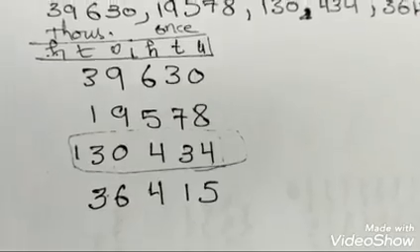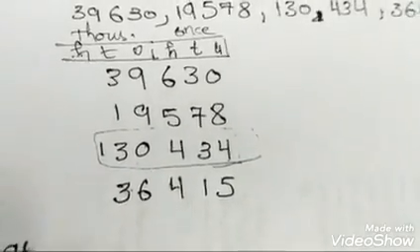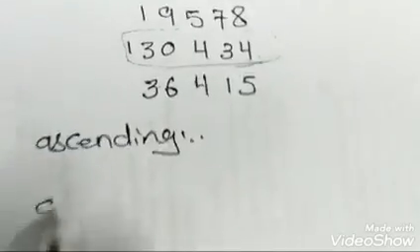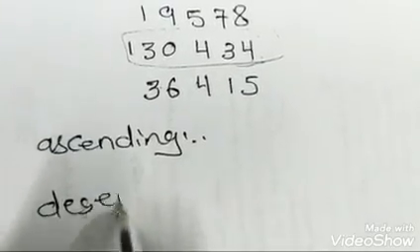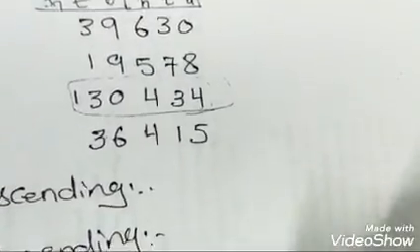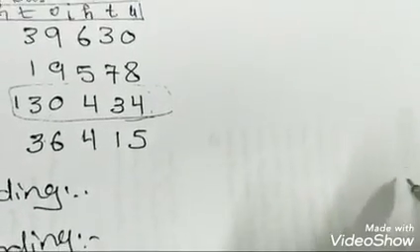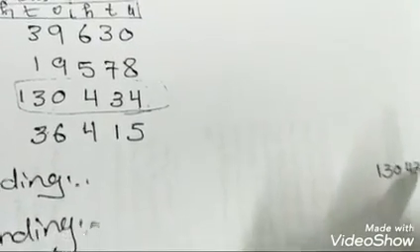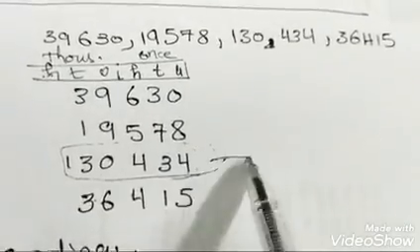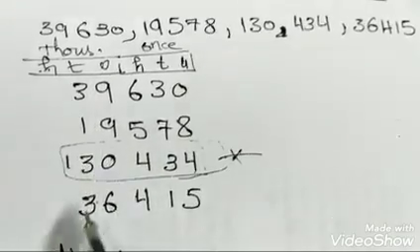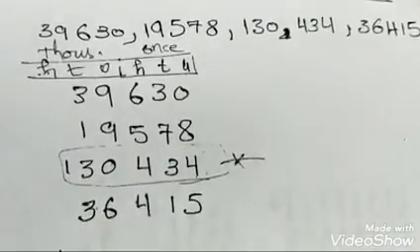If I want to make ascending order, I have to write the largest, the greatest, 130,434, at last. Then, excluding it, I have to look at the other three numbers.